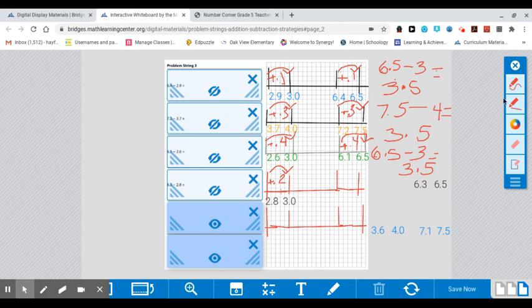And if we take 6.3 and add 2/10 to that, it brings us up to 6.5. That leaves us with 6.5 minus 3 again, which is also 3.5. That doesn't look good. 3.5.